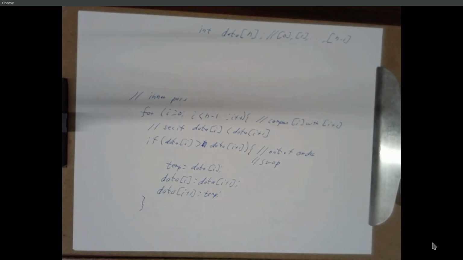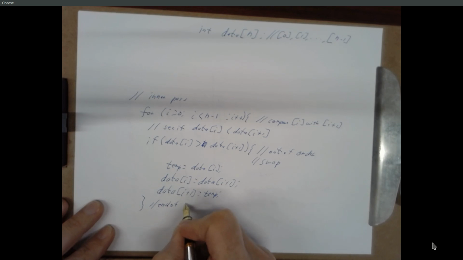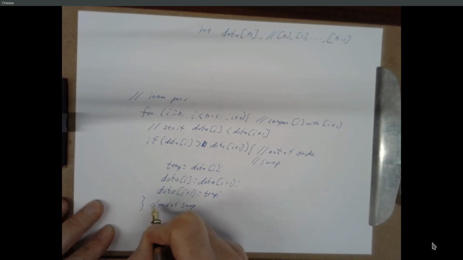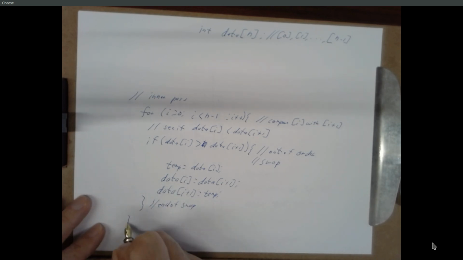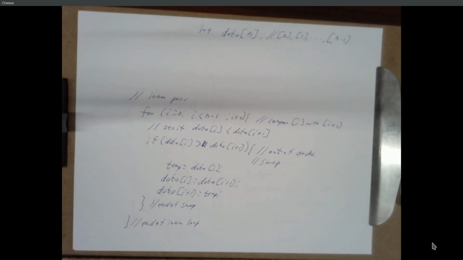Alright, so there's our swap. And there's the end of the inner loop. So that represents one pass through our data. And at the end of that, everything should be in the right place.